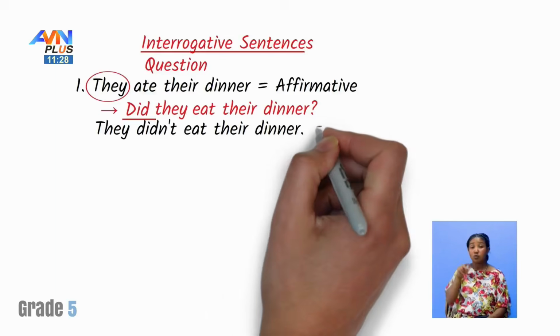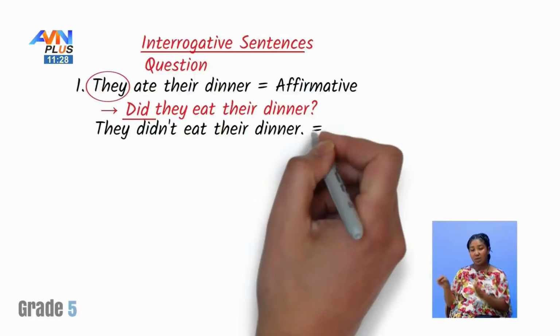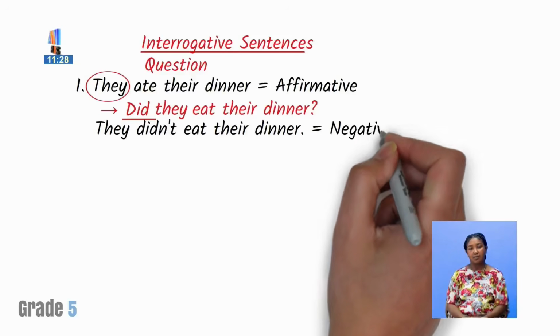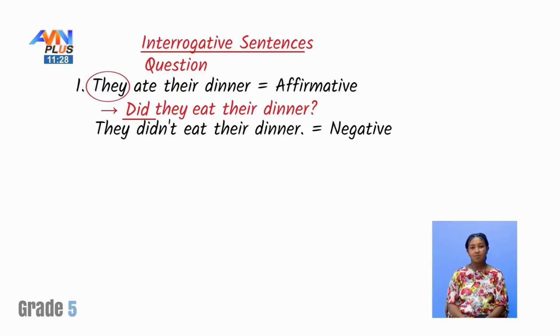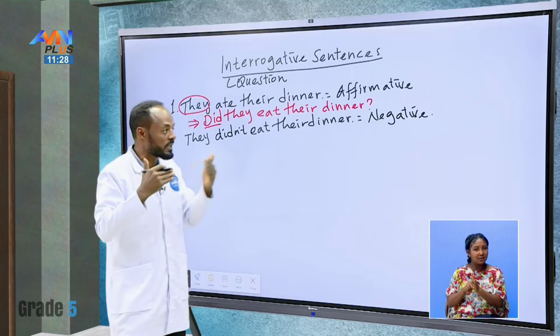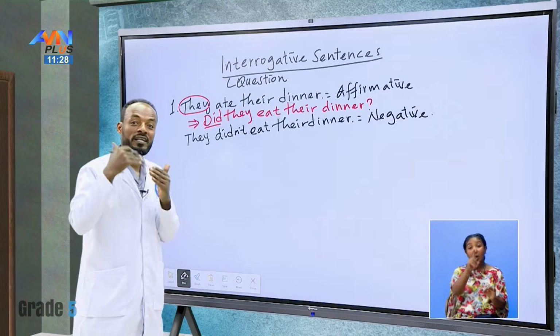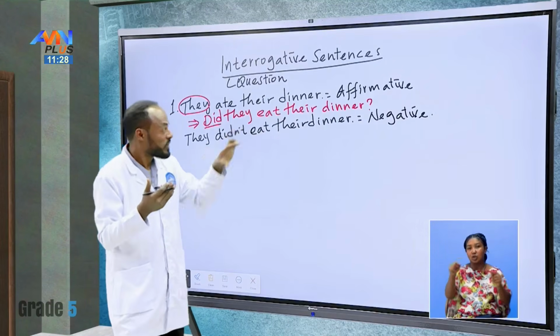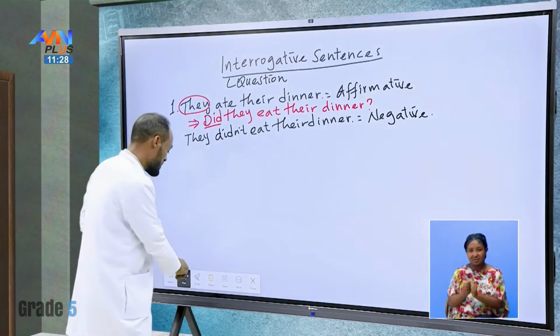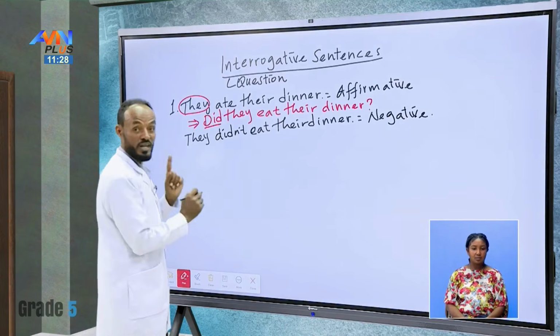Look, this one is a negative sentence. Look, students. So, how can we change this negative sentence into its question form? Look at this one. Still, we have to start from did.